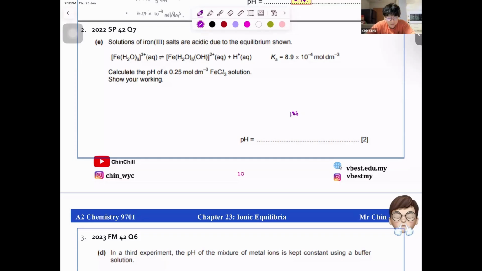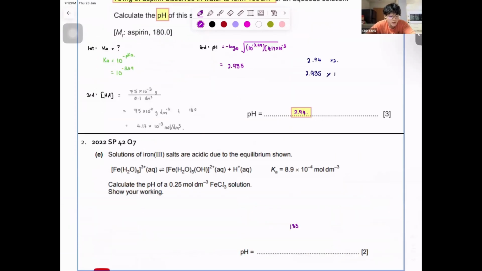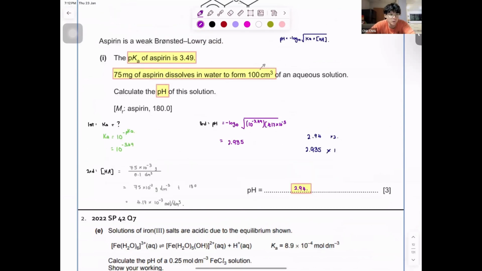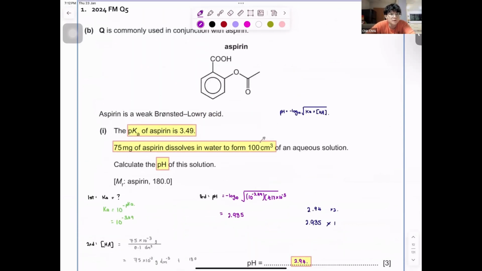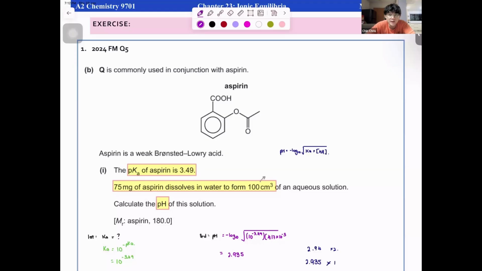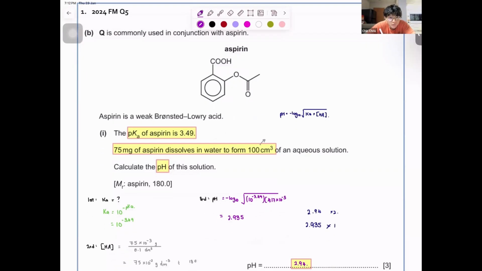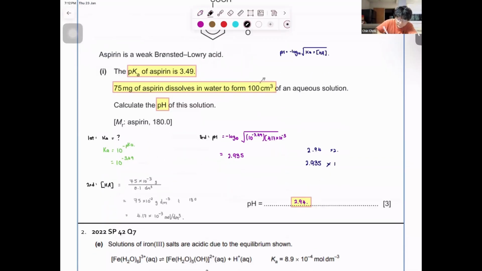All right, guys, a second. Let me check on this question. I want to see the mark scheme where they award their marks, so you guys know how to write your working. Give me a quick minute here. You guys do the next question first. Question 5. Okay, 1 mark for the concentration of HA.